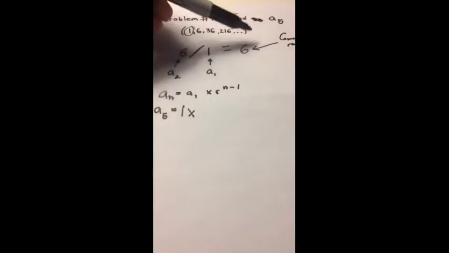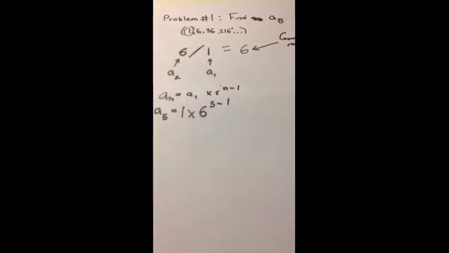So we want to find a sub 5. So substitute a sub n with a sub 5. And a sub 1 is already given to us. It's 1 times r, our common ratio, which is 6, to the power of n, which is 5, minus 1.